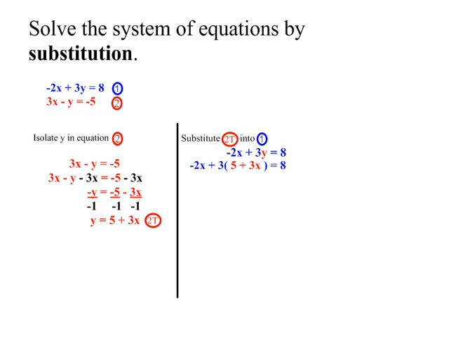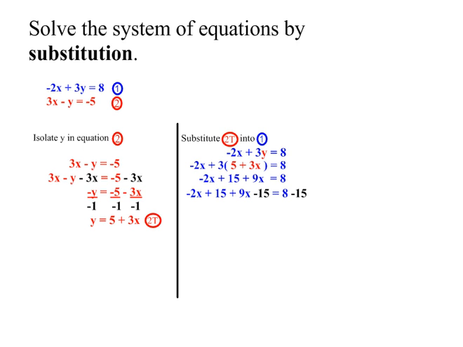So I replace the y by 5 plus 3x. Now we're going to expand the terms that are inside the bracket. So I have minus 2x. 3 times 5 gave me 15. We multiplied the 3 here times 5, and that gave me 15. And then 3 times 3x gave me 9x. And that's equal to 8.